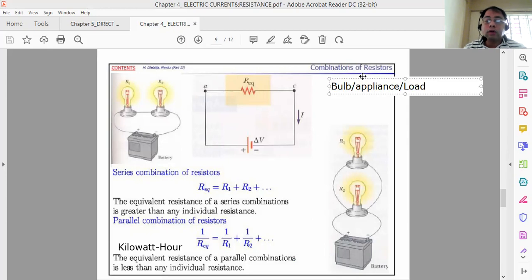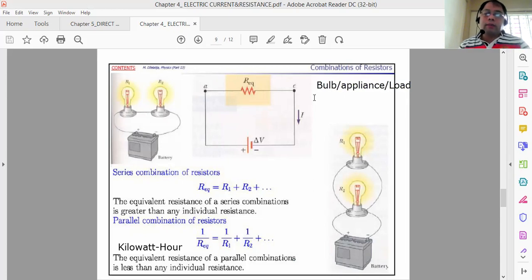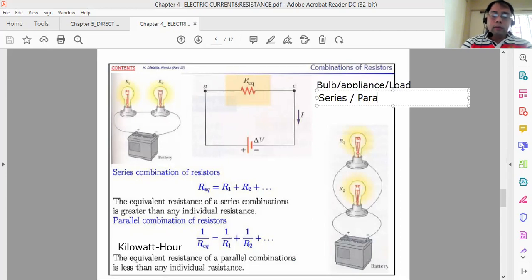It's the load or the equipment that you put in your outlet, and maybe you can connect them in two different ways. One way is to connect them in series, or maybe connect them in parallel. Now here's a picture of a series connection of bulbs or loads or appliances.